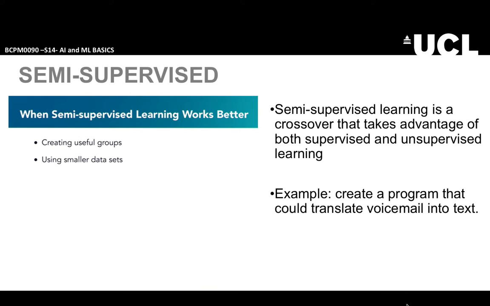And the third way in which a machine can learn is semi-supervised learning. This is a crossover that takes advantage of both supervised and unsupervised learning. Imagine, for example, that you want to create a program that could translate voicemail into text. It would be difficult to use unsupervised learning here because your machine will cluster words together but wouldn't necessarily know what those words mean.